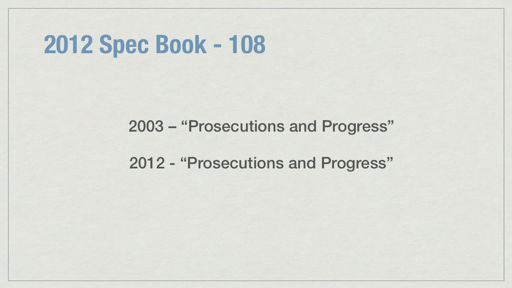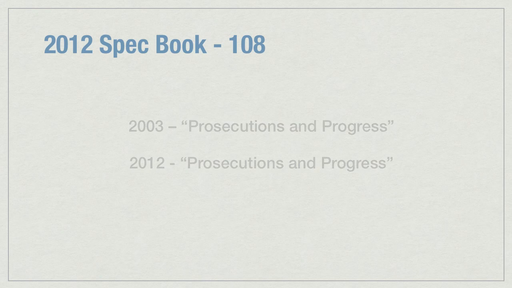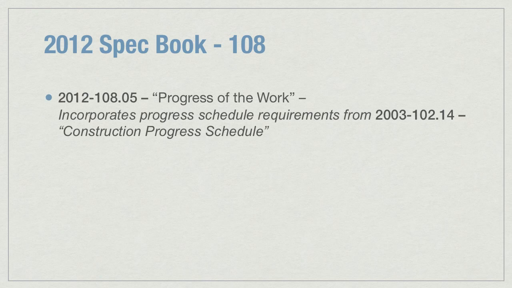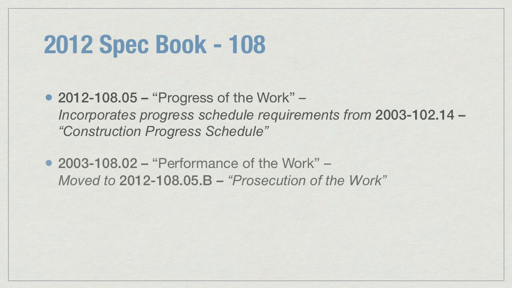Section 108, Prosecution and Progress. Subsection 108.05, Progress of the Work, incorporates the progress schedule requirements that were in old Section 102.14, Construction Progress Schedules. Old subsection 108.02, Performance of the Work, has been moved into new 108.05b, Prosecution of the Work.